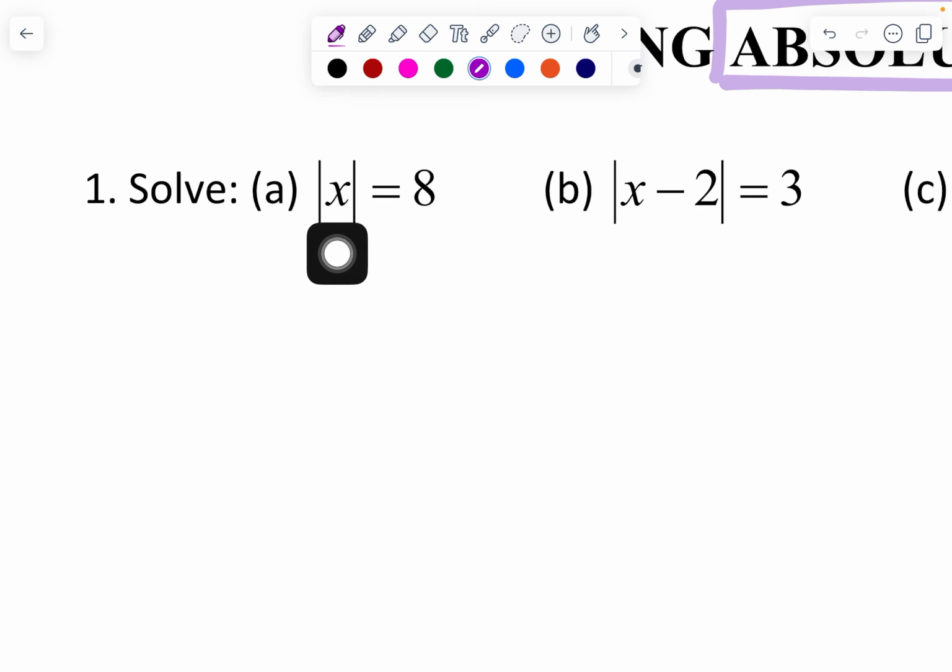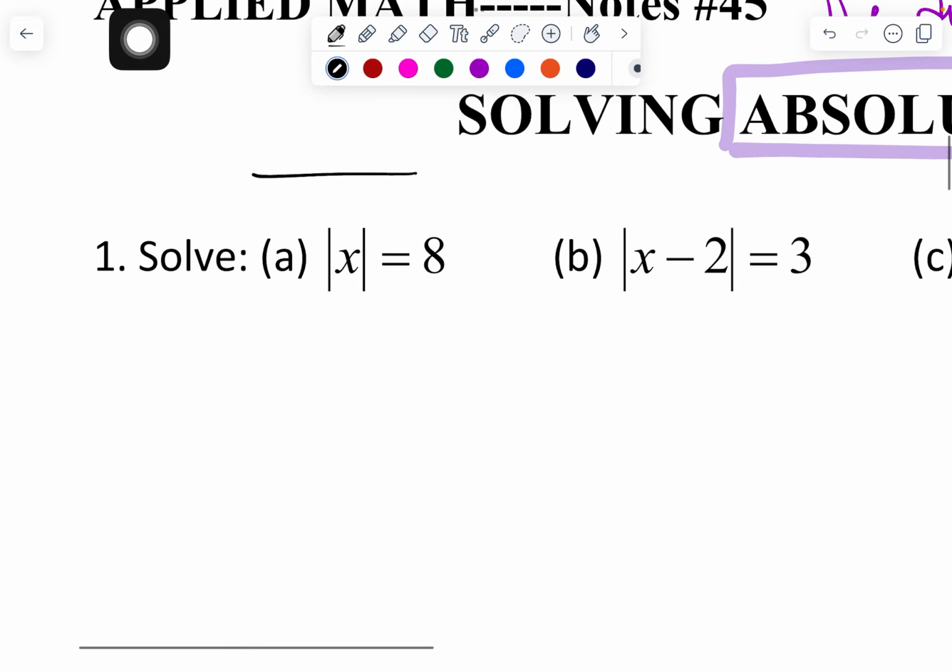So what I'm looking at for part A is, I want a number that is 8 units away from 0. So if I think about the number line, and I have 0 here, if I counted 8 units to the right, I would be at +8. So I could have x is equal to 8. But here's the other thing.